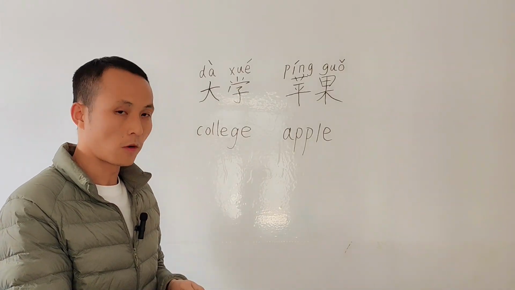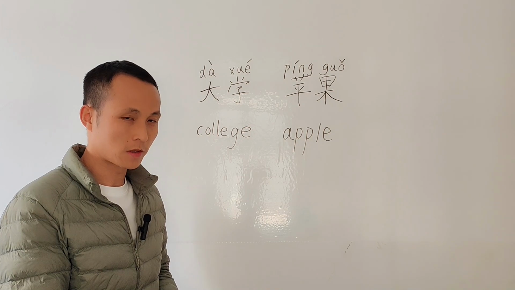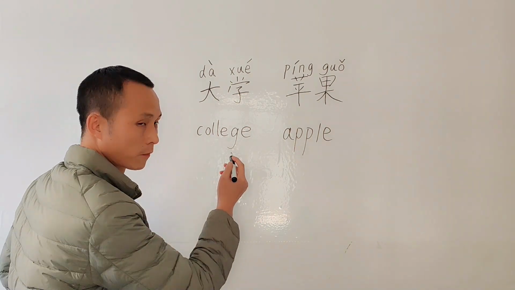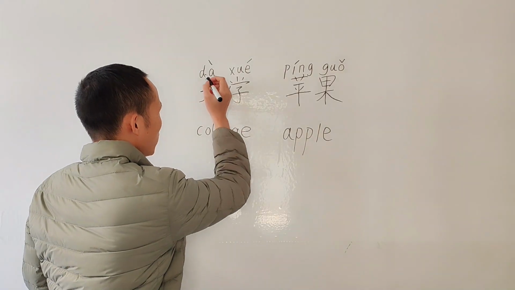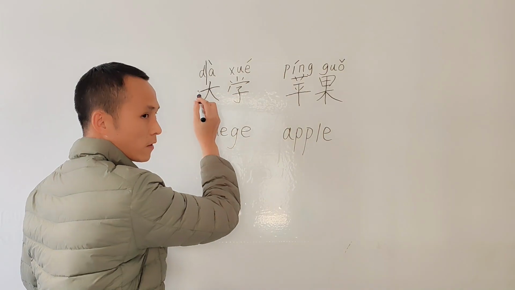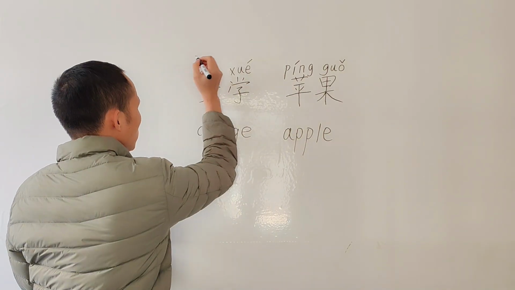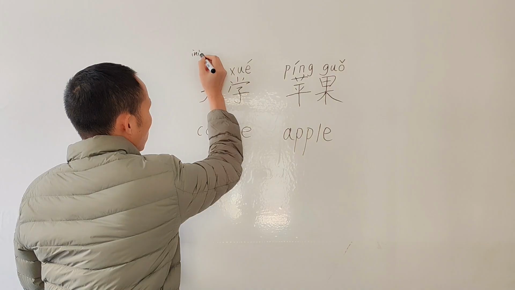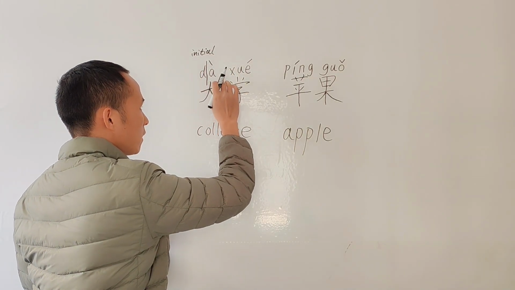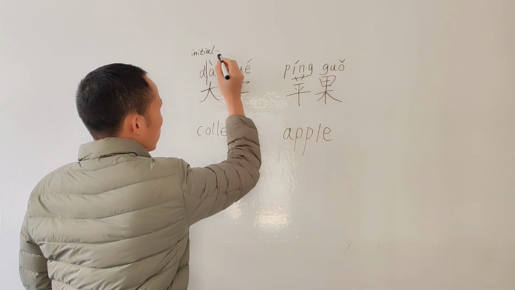Actually, for most, or I would say any, of the pinyin, they are formed with two parts. This one, the English letter D, we call it initial, and the remaining part, we call it final.